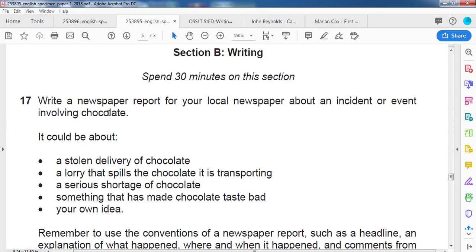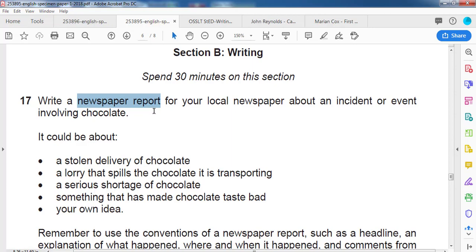Section B writing, spend 30 minutes on this section. Write a newspaper report. So we will write a report, which is a type of informative writing. Report and article are very close to each other. They look like each other.